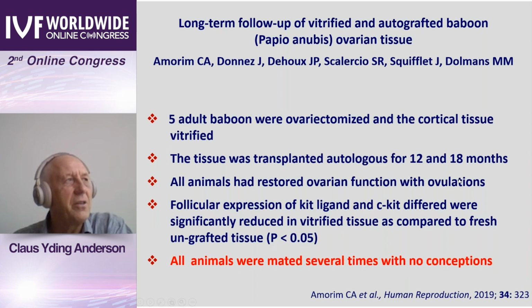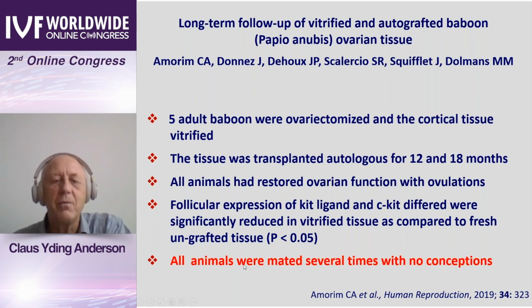I think that it is important to point out that 5 babies is not a lot. They have actually made a very nice study in Chardonnay and Marie-Madeleine Dolmans' group on baboon ovarian tissue, which they vitrified, and they transplanted this back to the monkey where it was originating, for 12 and 18 months. The ovulations were restored. The tissue came on board and did what it was supposed to do.